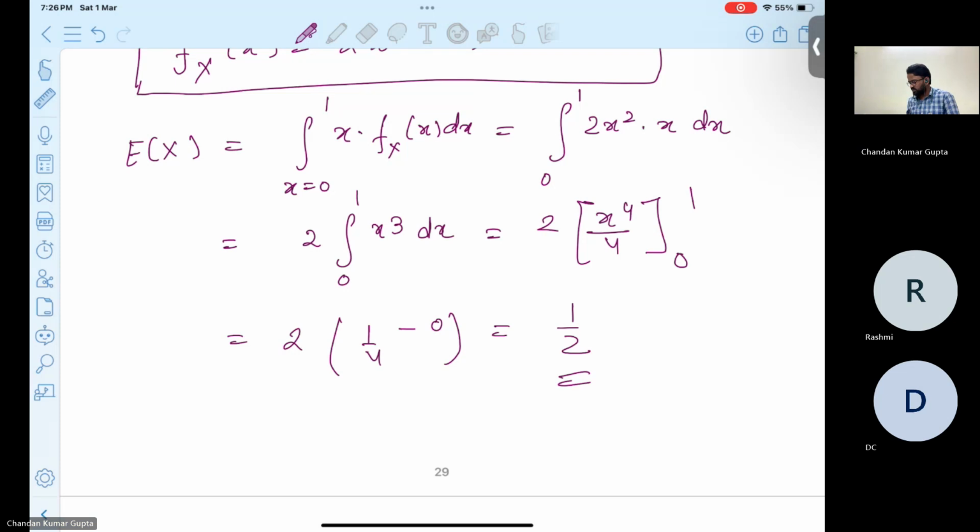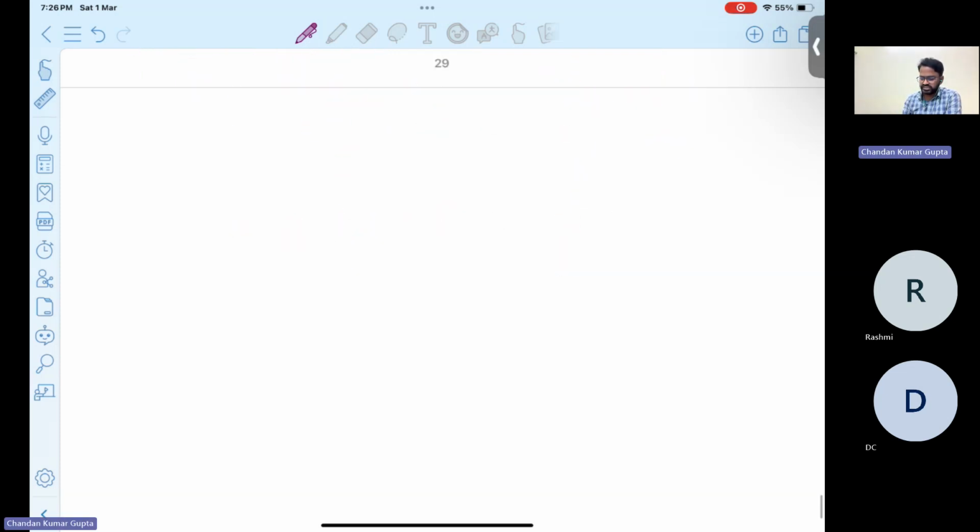Now the next question is one more, a discrete type.